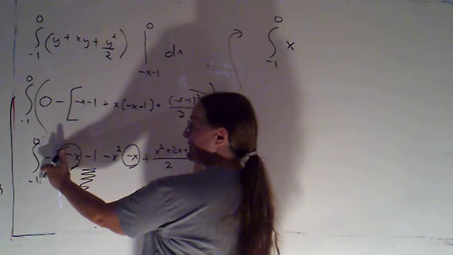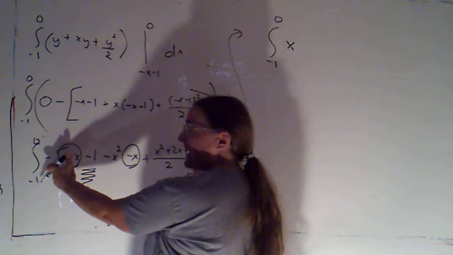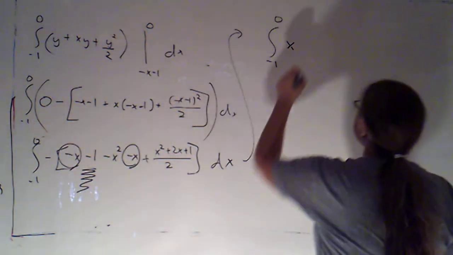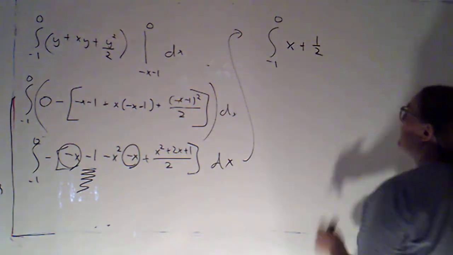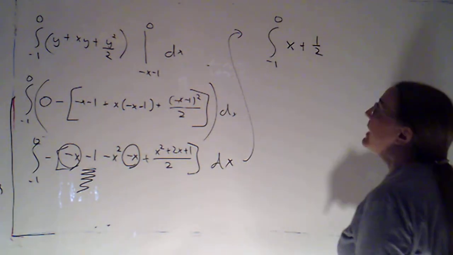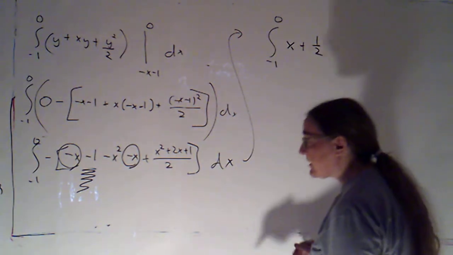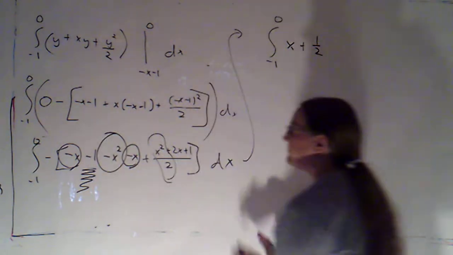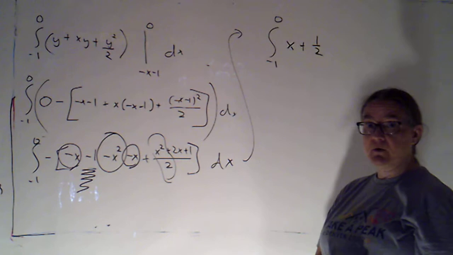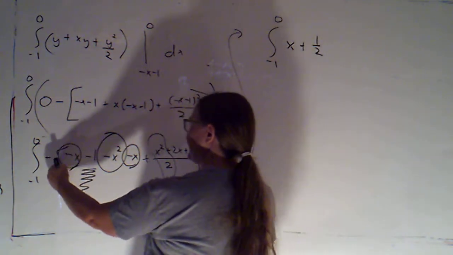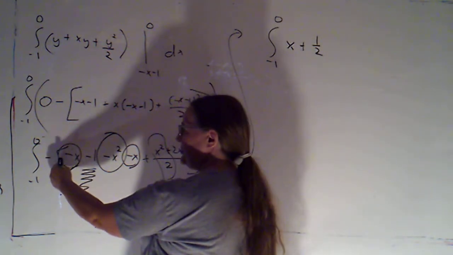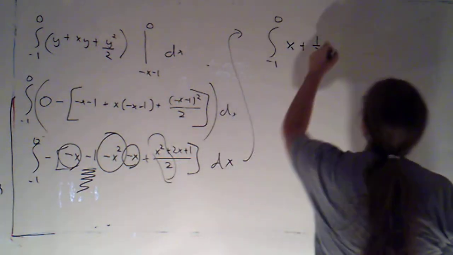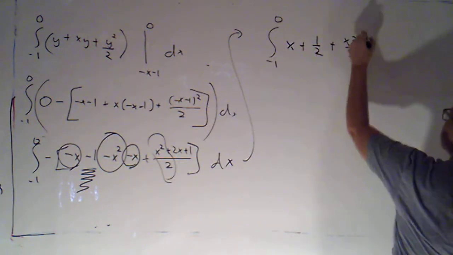So inside of these brackets, I've got a -1/2. Distributing that negative sign is going to make it a positive 1/2. And then if I look at the x squareds, I've got a -x squared, and that's going to give me a positive x squared over 2. So inside the brackets, I've got a -x squared over 2. Distributing that negative makes it a positive x squared over 2.